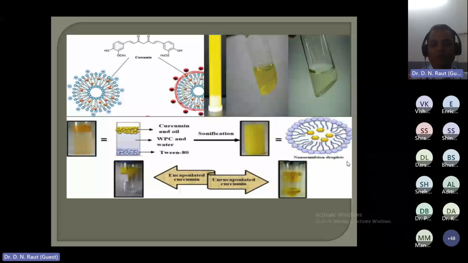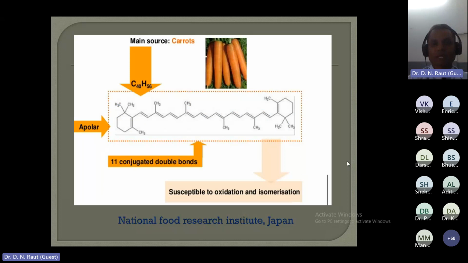So we study one by one how we can design a particular excipient for a particular drug, for example curcumin or any sort of drug we can take. A lot of work has been carried out on curcumin, so I have given this example.